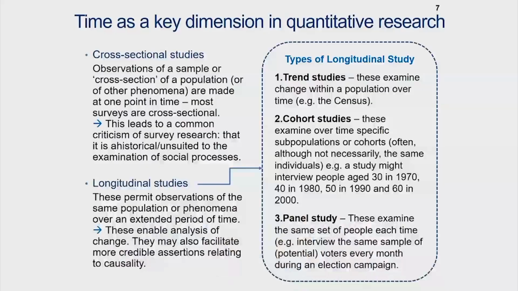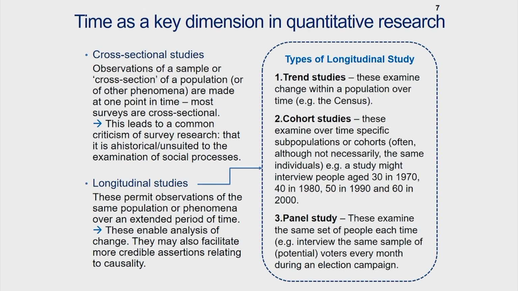So, we can broadly divide survey research methods application to studies in the form of cross sectional studies and longitudinal studies. Cross sectional studies are basically a point in time study. You are carrying out a study at a point in time, whereas longitudinal studies take place over a period of time.